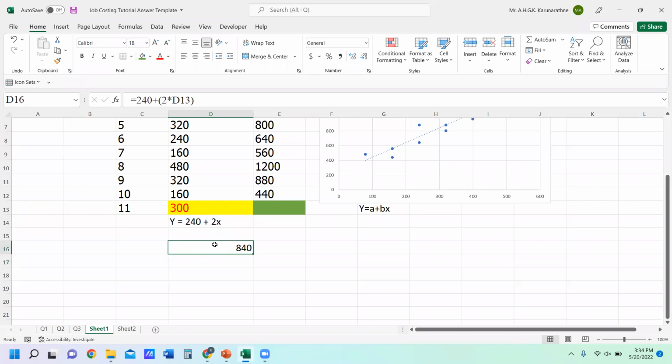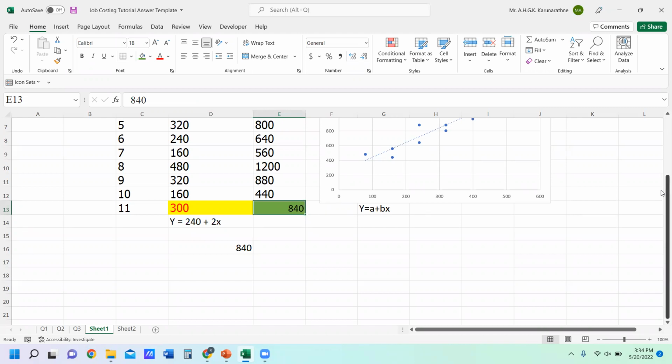So this is our estimate. We can estimate our machine maintenance cost for the next period would be 840. So we can predict it would be 840. So you can see we can apply this regression line or these graphs to predict our future maintenance cost.